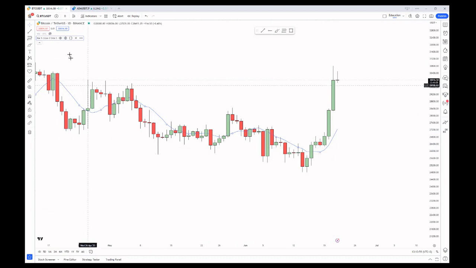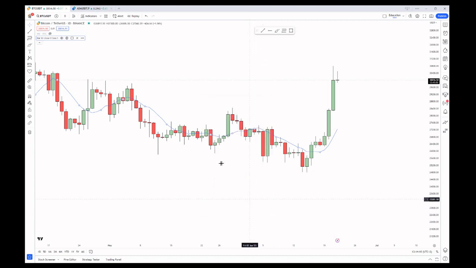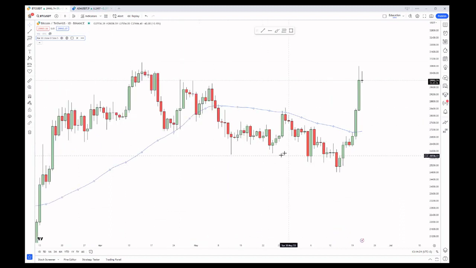Inputs length, make it 50. So moving average, like I said, is calculating the average price of the last candles. In this case, if you choose the 50 moving average, it calculates the average price of the last 50 candles.